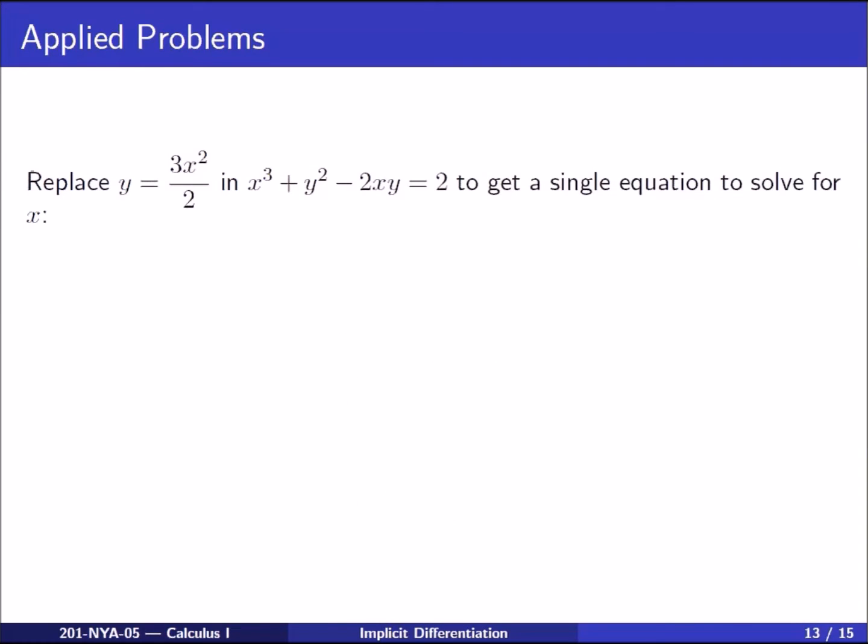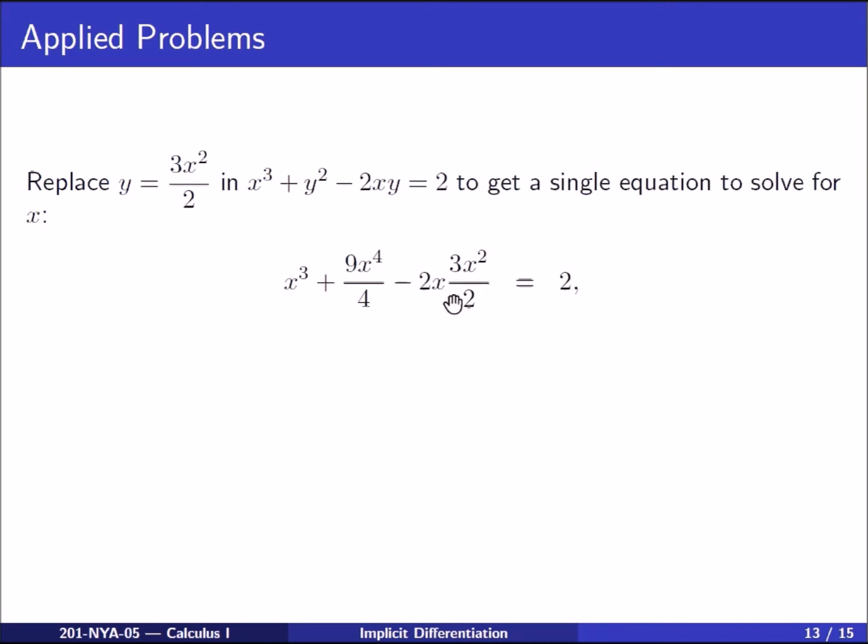If we replace y equals 3x squared over 2 in the equation of the implicit curve, we get x cubed plus y squared. Now y squared is 3 squared, which is 9, times x squared squared, that's x to the 4, over 2 squared, which is 4, minus 2x times y, which is 3x squared over 2.